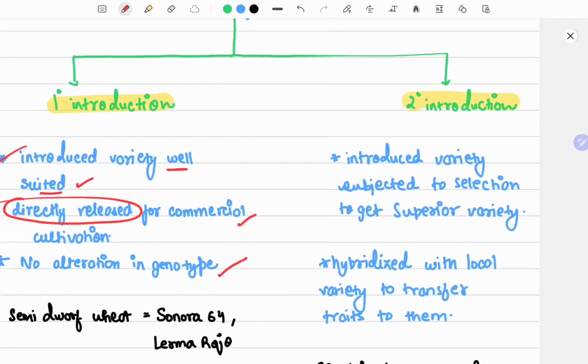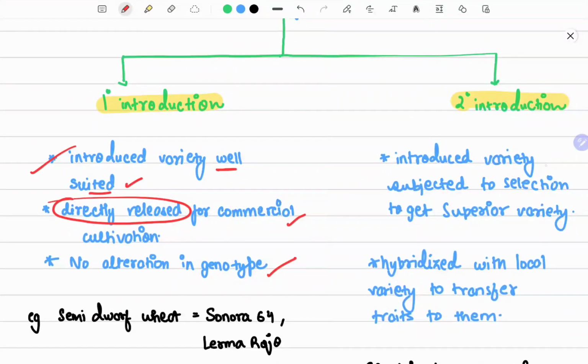Now, for secondary introduction, the introduced variety is subjected to selection to get a superior variety. Sometimes the characters present in the primary introduced variety are not up to the mark, or not what we want in the variety. So we subject it to various selection procedures until we get the superior variety.